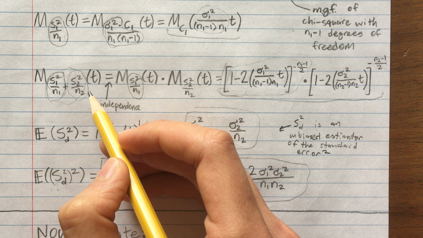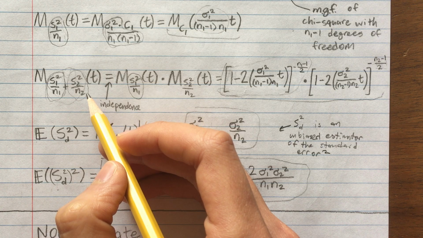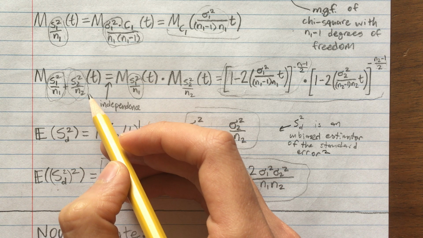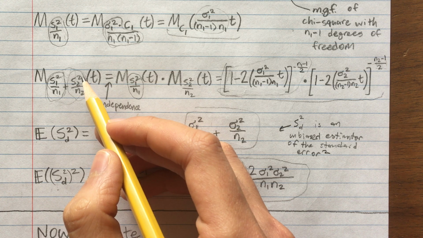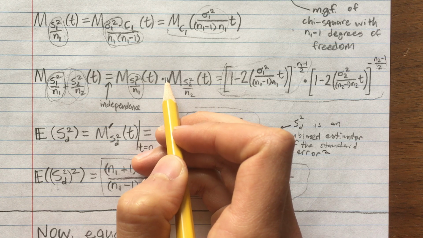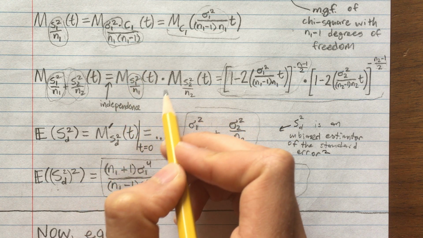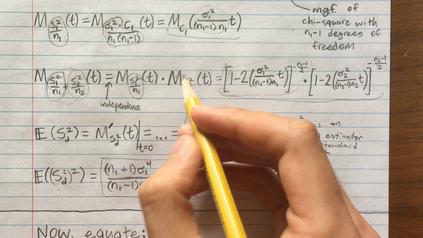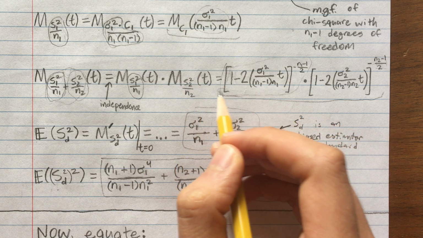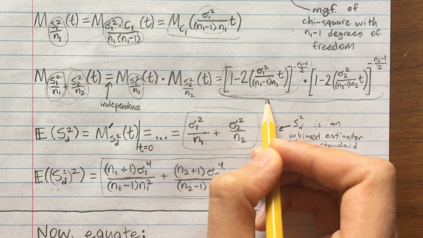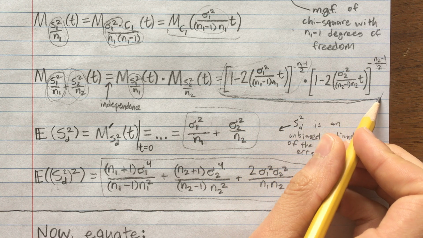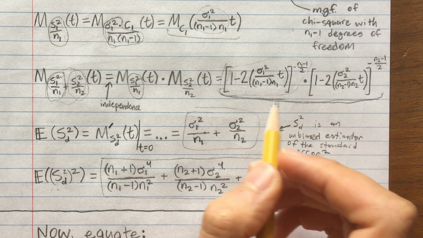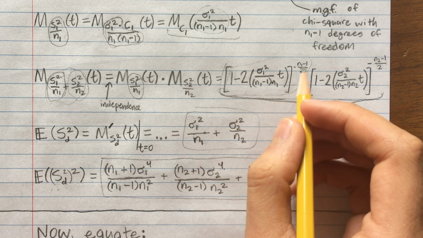And since S1 squared and S2 squared are independent from one another, we know that the moment generating function of their sum is just the product of each of their moment generating functions. We already know their moment generating functions. And so we get finally that the moment generating function of SD squared, our estimate of the standard error squared, is just equal to this.